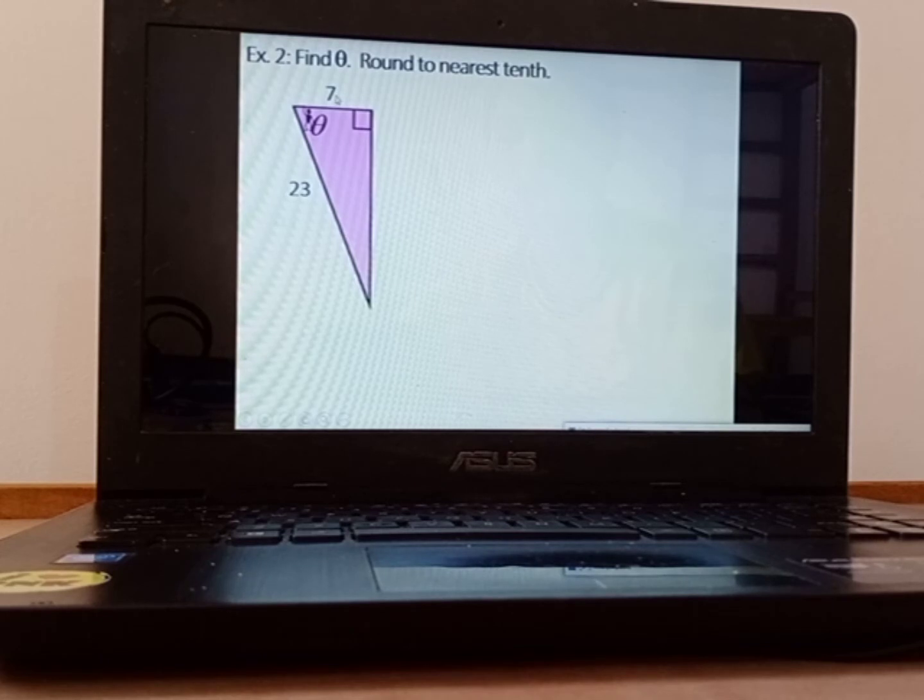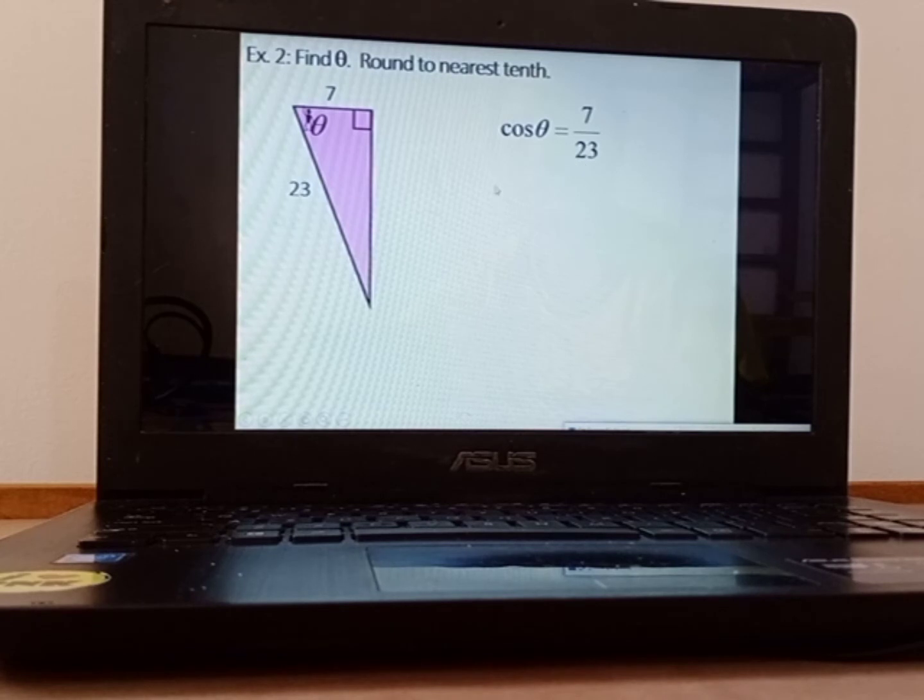Our given is adjacent and hypotenuse. So what trigonometric ratio will we use? Again, SOHCAHTOA. We'll apply the CAH, which is cosine equals adjacent over hypotenuse. Adjacent is 7 and our hypotenuse is 23. So therefore, cosine theta is equal to 7 over 23.